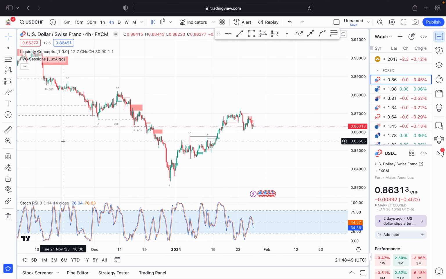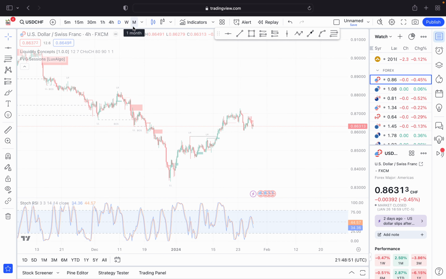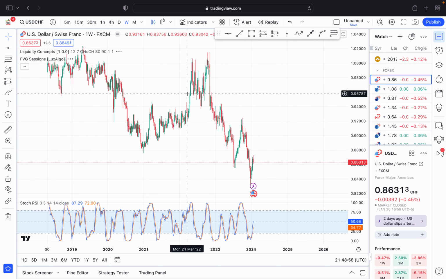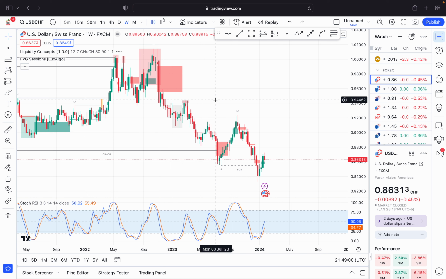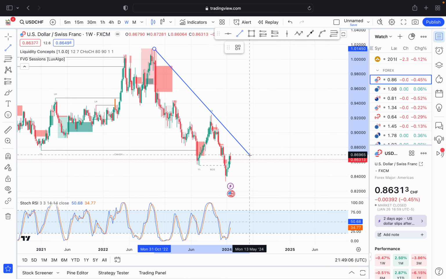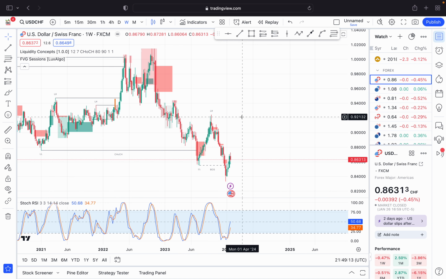Right, this is US dollar CHF. So obviously first thing we'll do again, go to the weekly, see if there's any trend lines, if we can identify anything here. So we've got the wick here, but remember it's got to be touching 3, so that's not really the best trend.